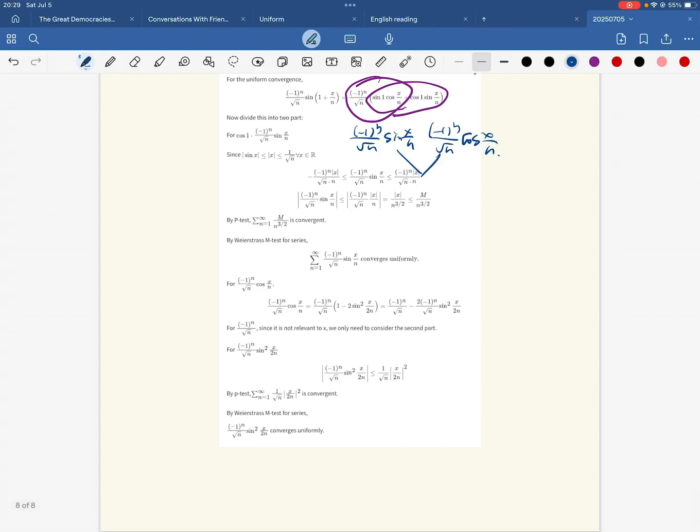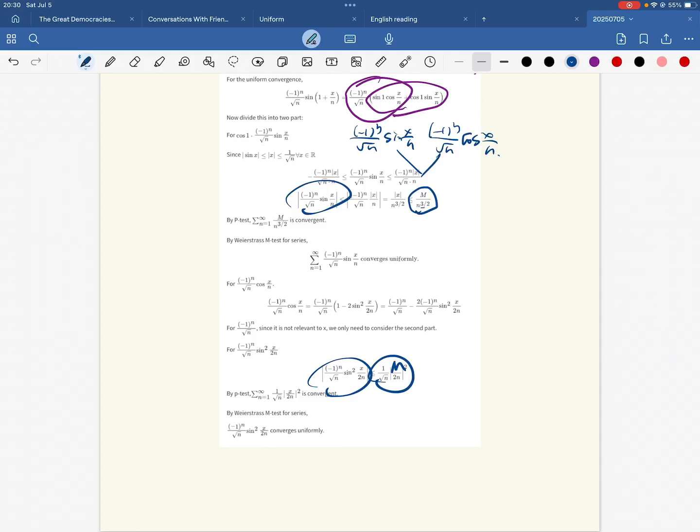We use the Weierstrass test for series. We always find a series which is convergent, and use it to bound this, and then we finish the proof. But how to find it? We use the compact property here.